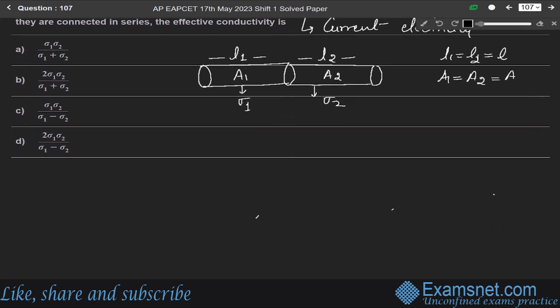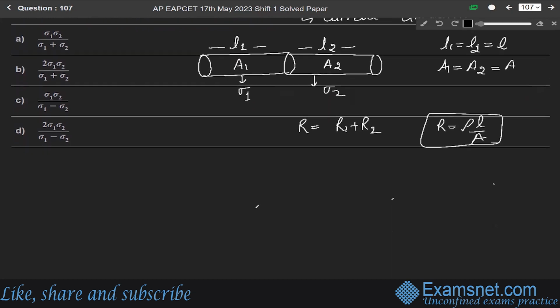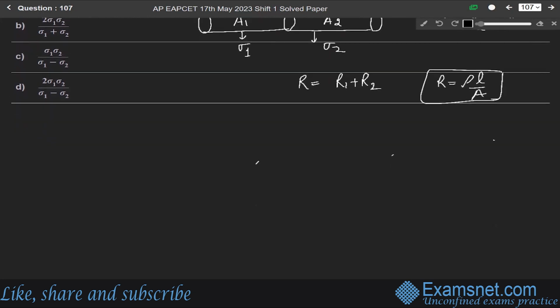So we know that the resistance formula for series combination is R equals R1 plus R2, and we also know that R equals rho L by A. The relation between conductivity and resistance is R equals rho L by A. So we can write for R equals R1 plus R2: rho L1 plus L2 over A equals rho 1 L1 over A1 plus rho 2 L2 over A2.